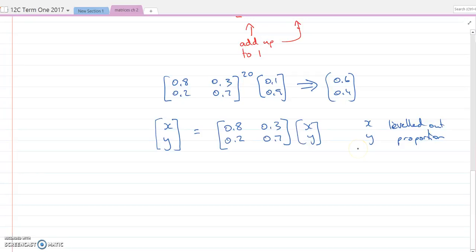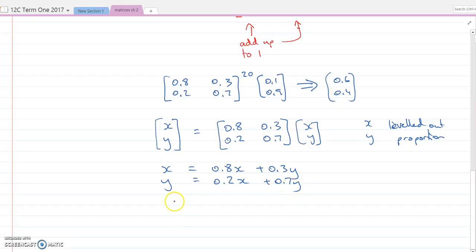So actually, if we can just solve this equation, we might be able to figure out what that is. So let's just multiply this out. Okay, the top row: x equals 0.8x plus 0.3y. Next row is y equals 0.2x plus 0.7y.